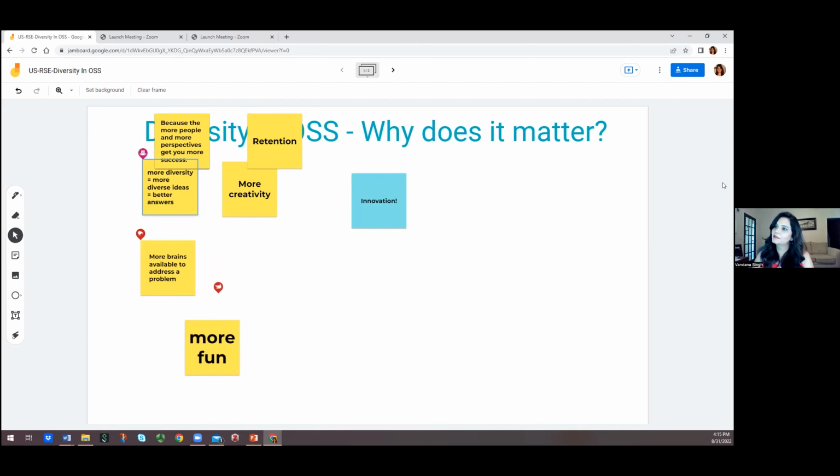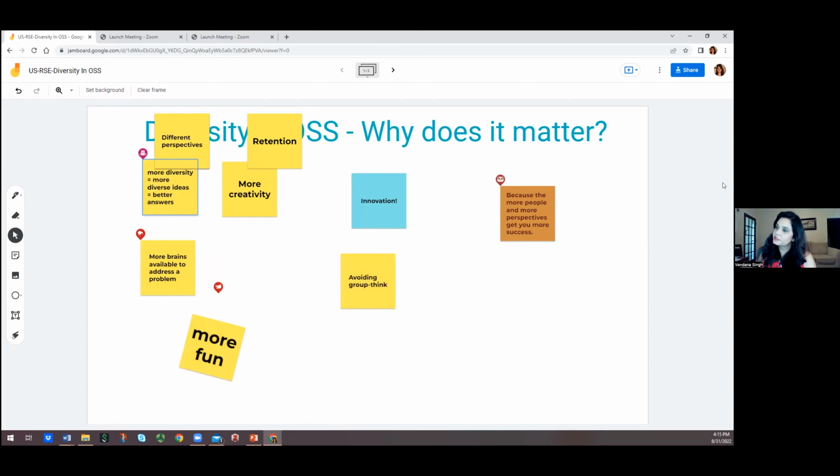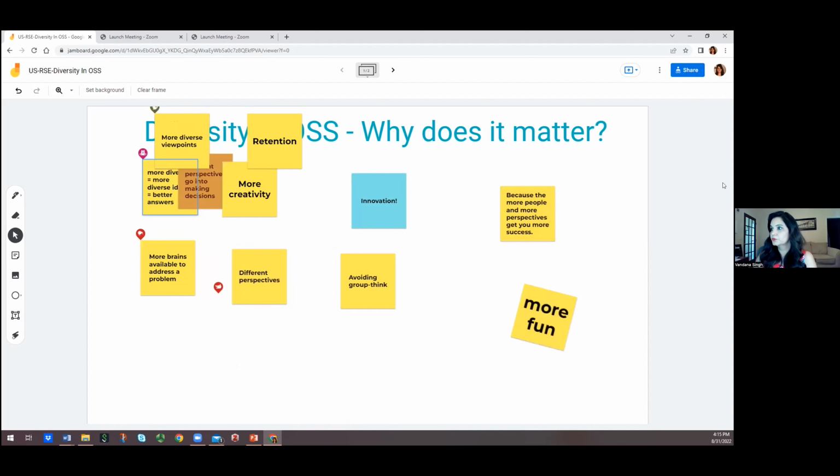Okay. Because you avoid groupthink. Absolutely. So definitely the innovation goes with that. Research has shown that more diverse teams lead to innovation and they break or disrupt groupthink. Okay. More brains available to address the problem, less chance of harm to outsiders.